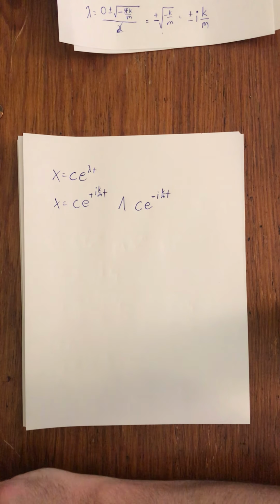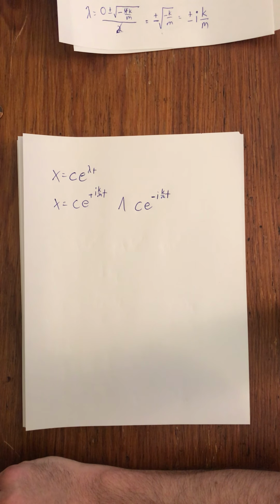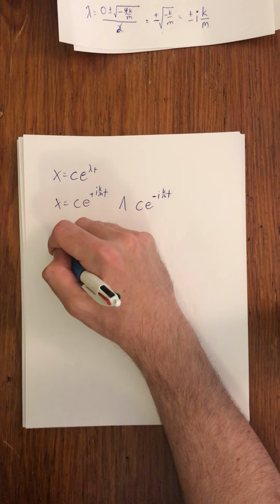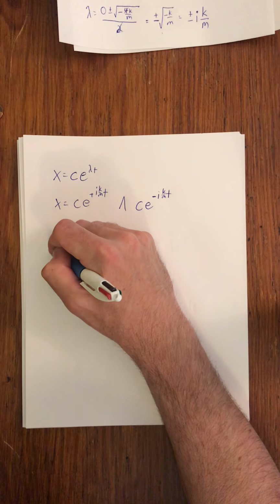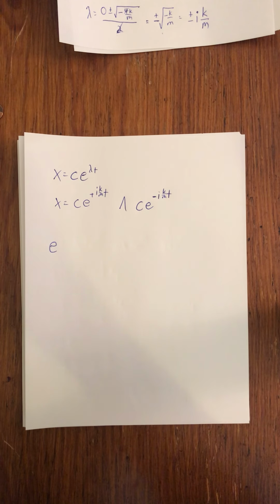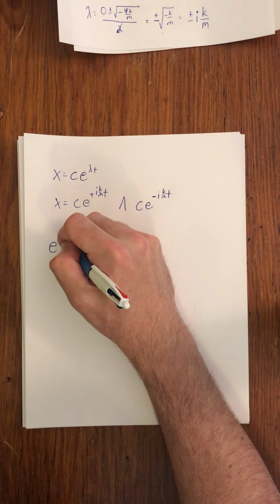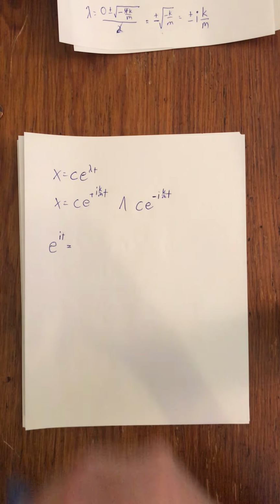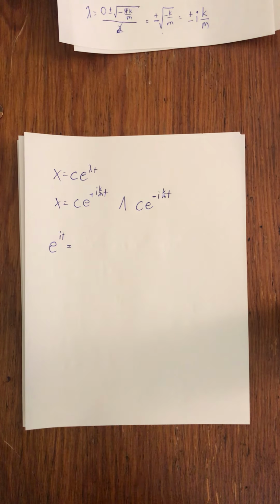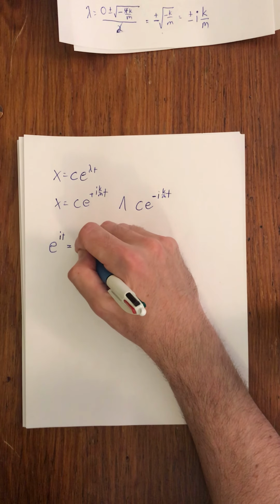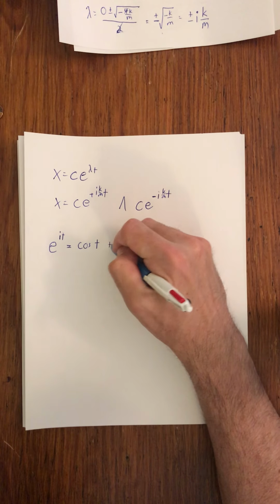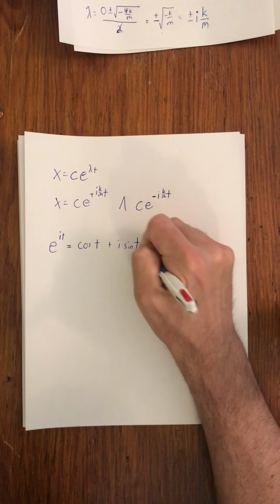And that's where we employ a little bit of trickery, because we know something from our previous studies. If you have e to the i t, I could write that in a different way. That could be written in terms of cosine of t plus i sine of t.